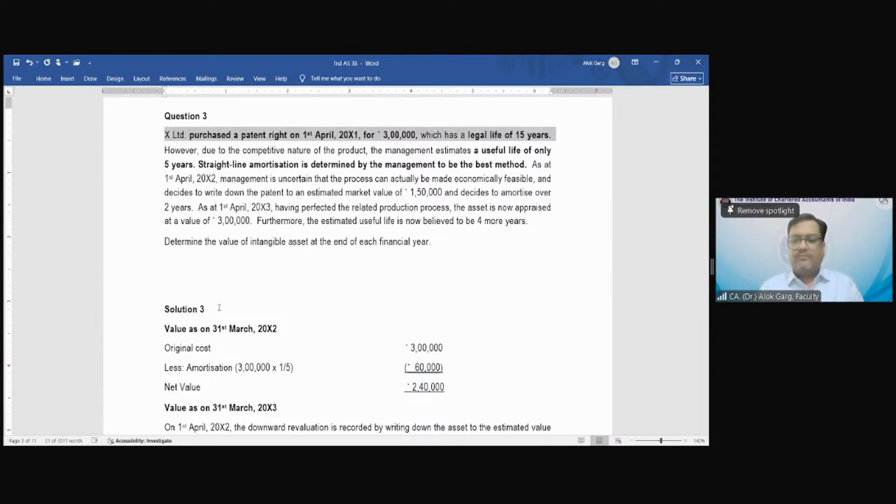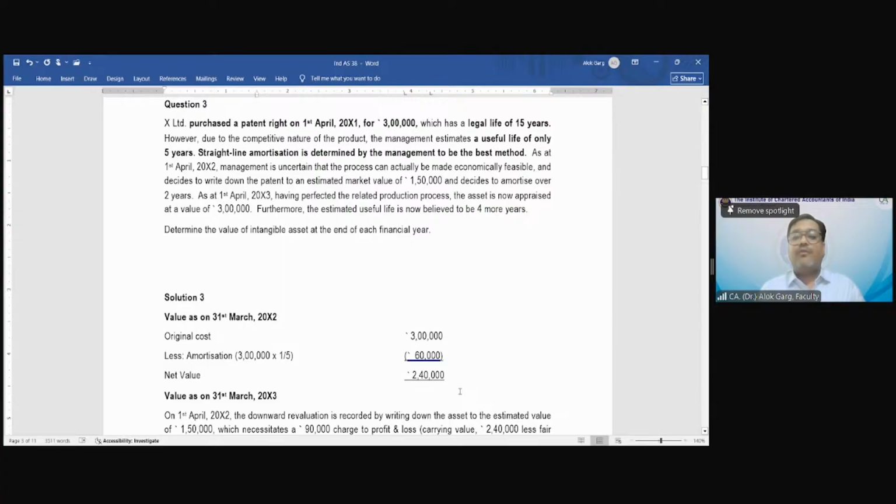Patent account, intangible asset, debit to bank 3 lakh rupees. Now this has been purchased, and what is the useful life in this case? 5 years. What is the per year amortization? 60,000. So what is the carrying value on 31st March 20X2? 2,40,000. It is clear to everyone.